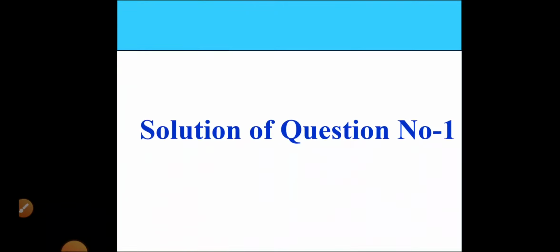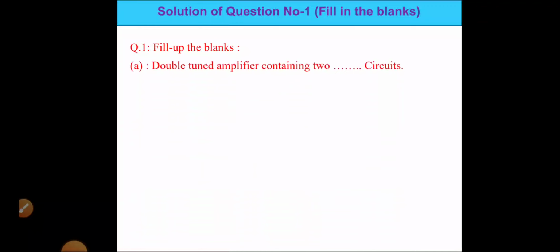So now coming to our solution, question number 1, fill in the blanks. See the first question: a double tuned amplifier contains 2 dash circuits. So a double tuned amplifier contains 2 inductively coupled tuned circuits.